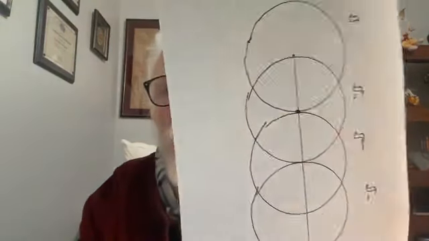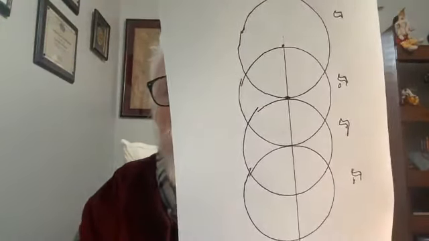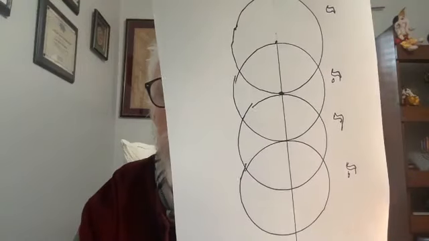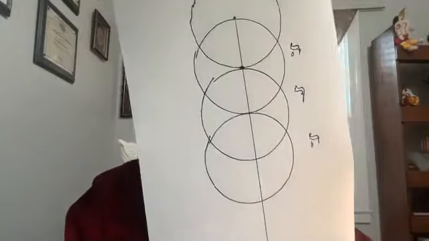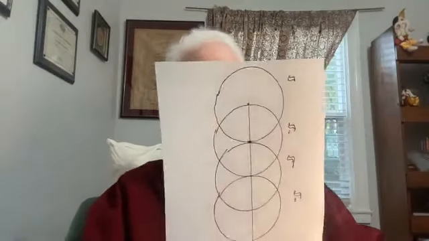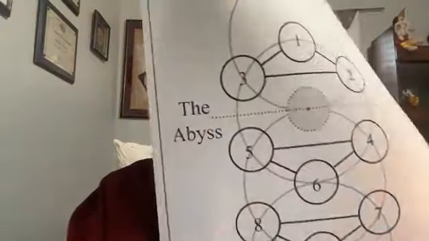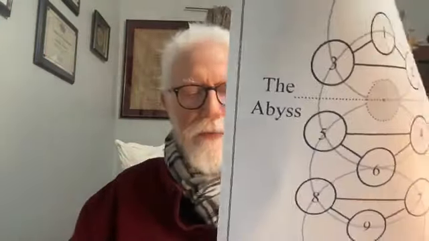So there's our yod, hey, vav, hey. And all you had to do is take a quarter and a nickel or something, and look what you can make out of that.